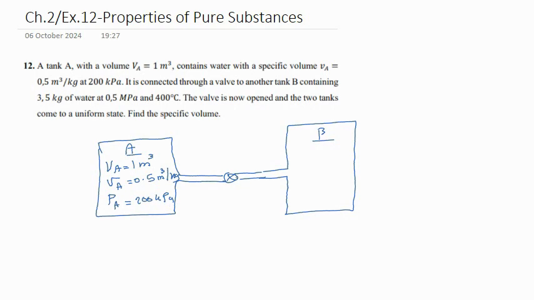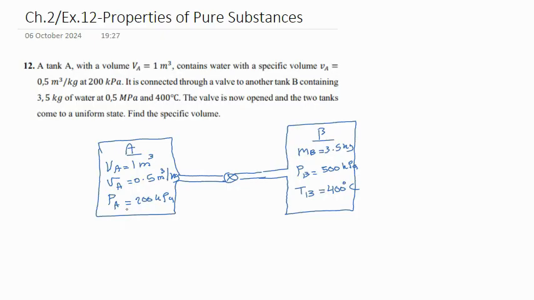Now the two tanks are separated by a valve. Tank B contains 3.5 kilogram, pressure of 0.5 megapascal, so that is 500 kilopascal, and temperature of 400 degrees Celsius.